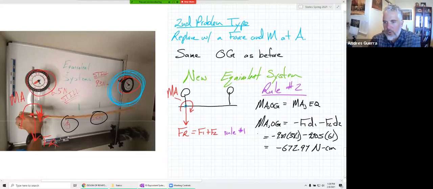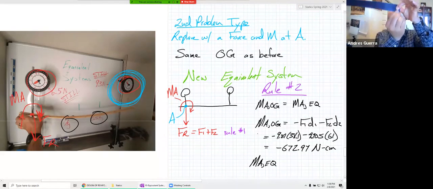And so we want to make sure that the moment about A of our equivalent is exactly the same. And so when we take the moment about A of the equivalent, is FR causing any moment about this point A right there? Doesn't the line of action of FR go right through?